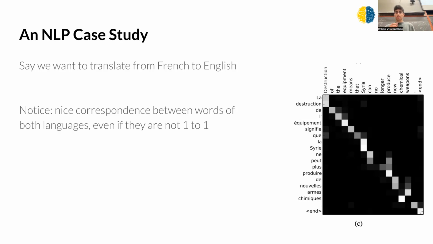These values, equipment maps to its corresponding word in French, and this shows us that this is a very plausible step that we can take. There is some mapping that exists that approximately gets us a translation we might be happy with, even if it's not perfect.